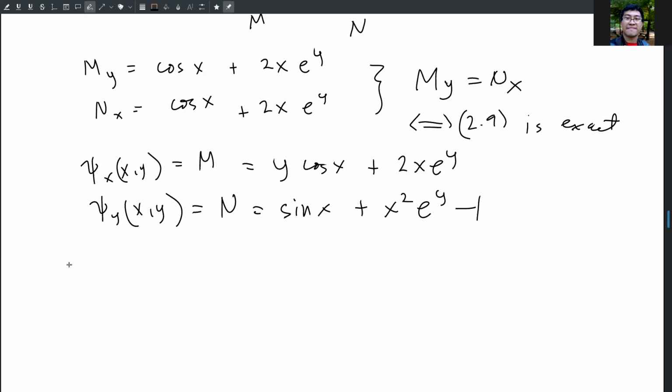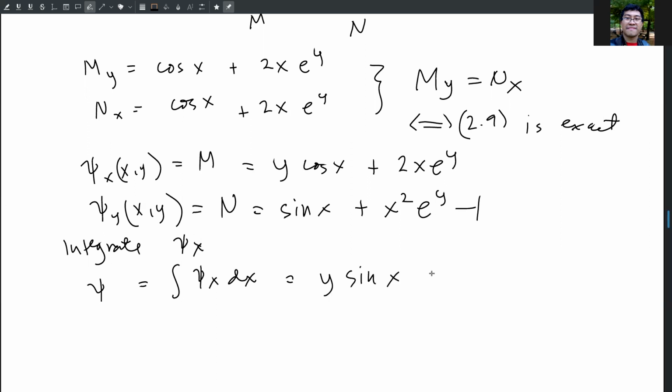We integrate psi_x with respect to x, and we have psi equals y sine x plus x squared e^y plus an arbitrary function h(y), which we need.